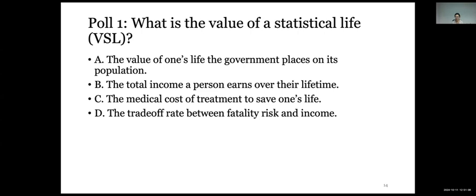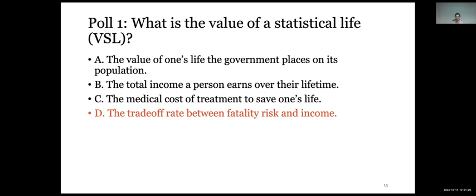Let me go through why option D is the correct answer while the others are not. Basically, the value of statistical life is a marginal trade-off between the fatality risk and the population's income.